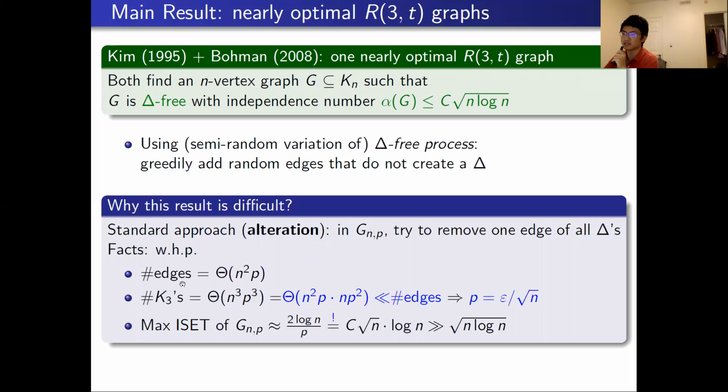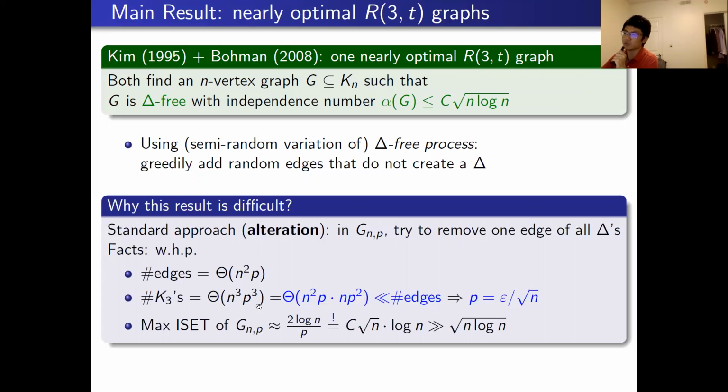By the way, the binomial random graph G(n,p) is a random graph model such that each edge of the complete graph Kn is included independently with probability p. The first fact is that the number of edges of G(n,p) is around n squared times p. We are interested in order of magnitude. And the number of triangles is around n cubed times p cubed.